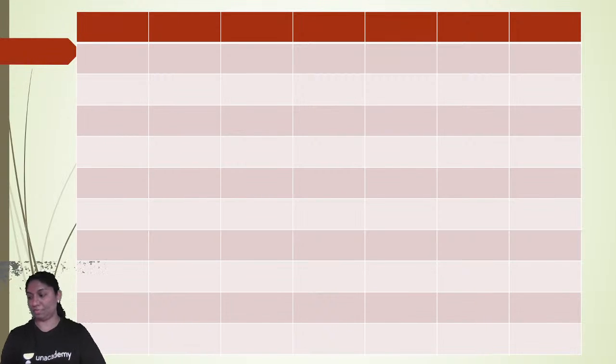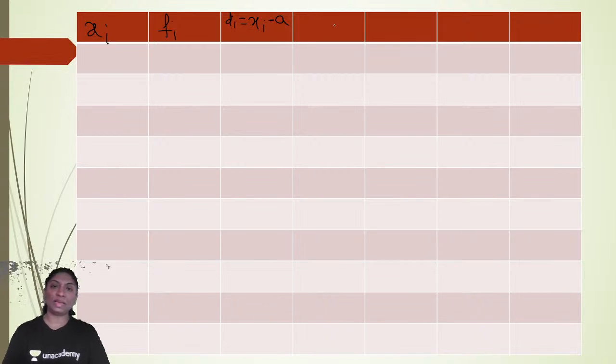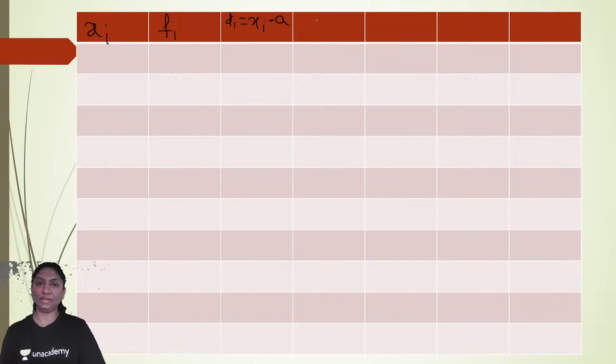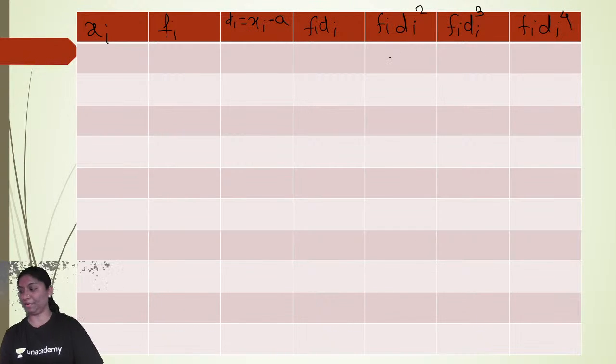Here we write the values of xi, then values of fi. For the formula we require di. So di is equal to xi minus a. A is the middle value from the given xi, from which all the values of xi are deviated. Then fi into di, fi into di square, fi into di cube, fi into di raised to 4, that we have to calculate.